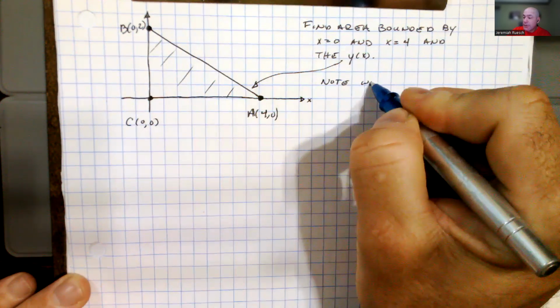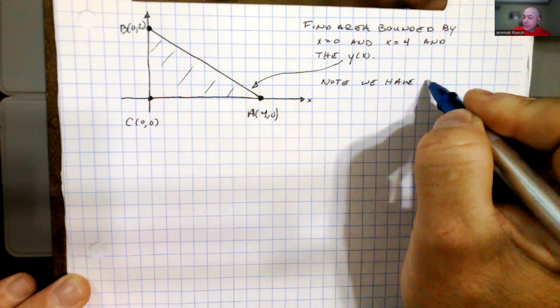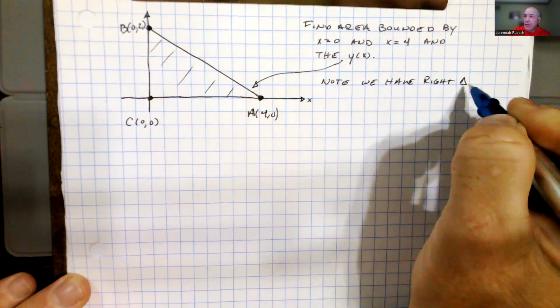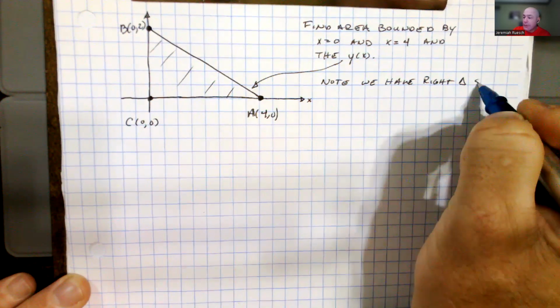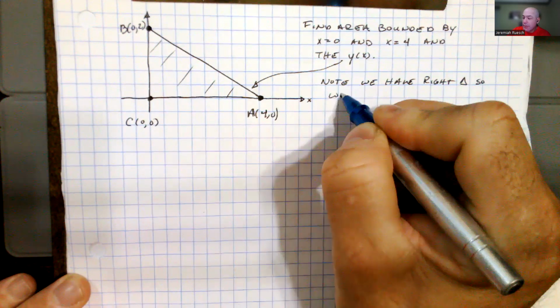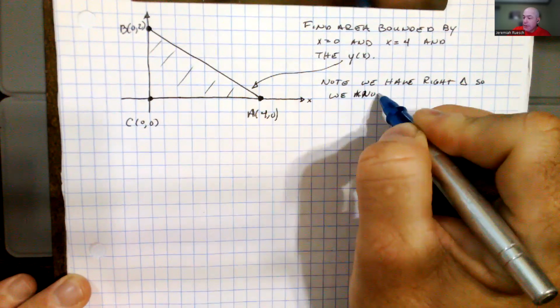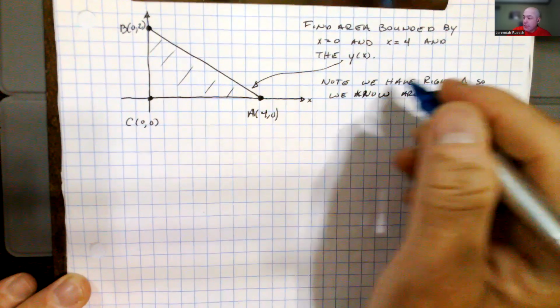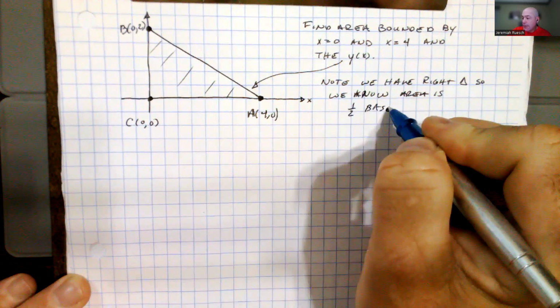we have a right triangle. I'm going to draw what looks like the delta symbol, a right triangle. So we know the area is 1/2 base times height.